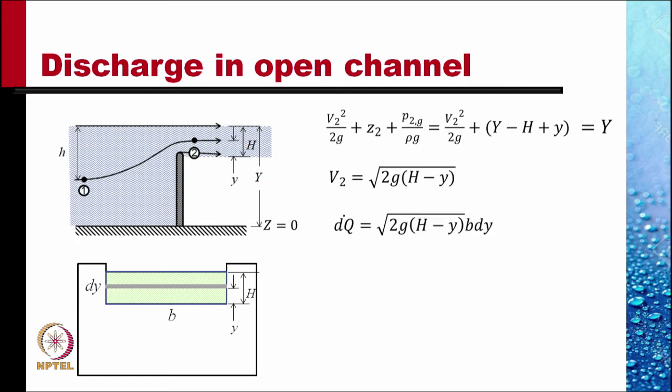So discharge through this slice is dQ equal to V2 times the area, which is b dy. And to find out the total discharge, we integrate this from y equal to 0 to y equal to capital H, and we find it to be 2b by 3 times the square root of 2g into H raised to the power 3 by 2.